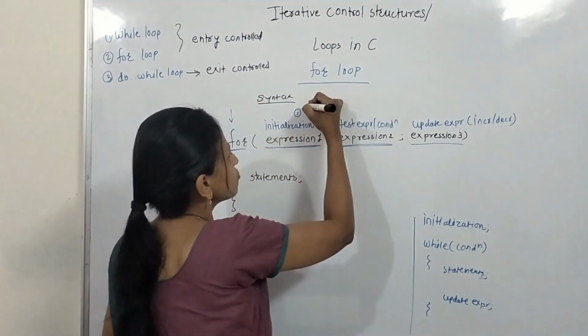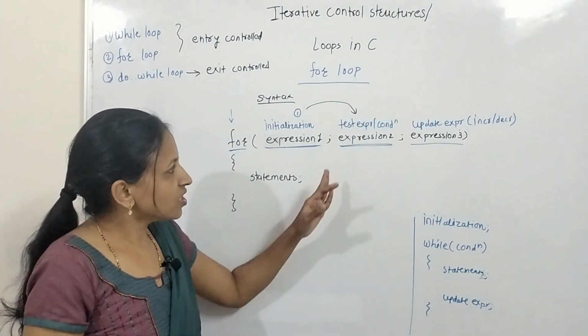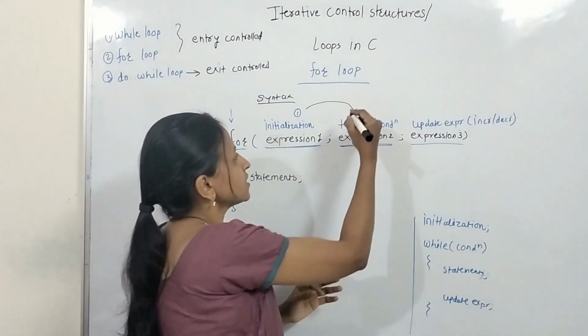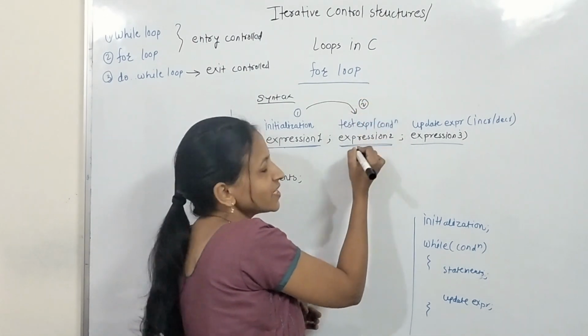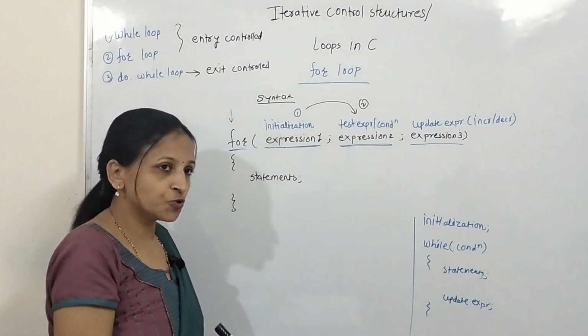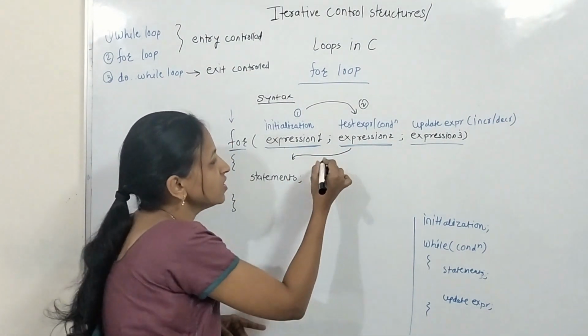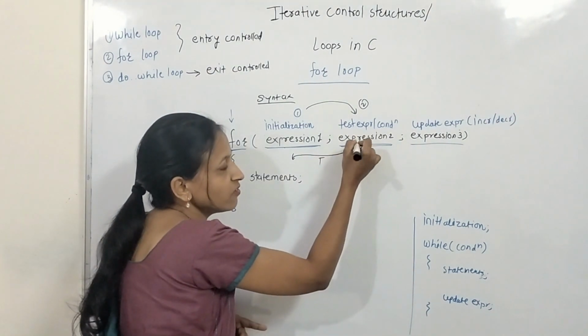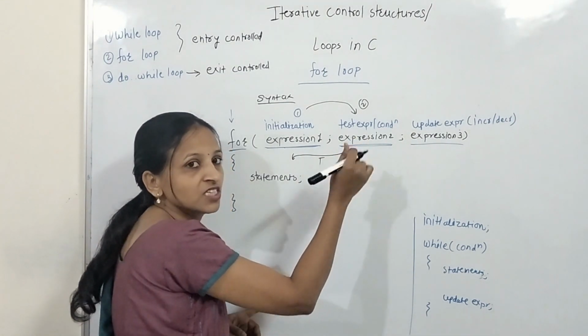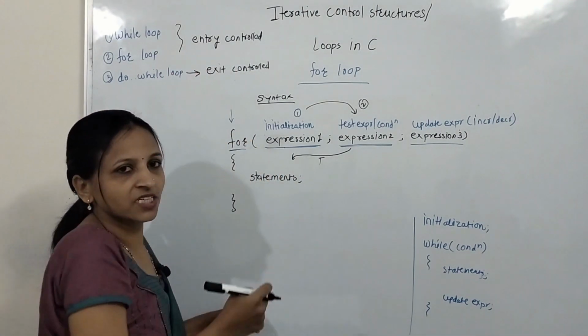After that, the control will go here to check the condition. That condition will be checked. This is the second step. And after checking, if that condition is true, then control will come here to execute the statements, if and only if that condition is true initially at the entry point. That's why it is called entry controlled.